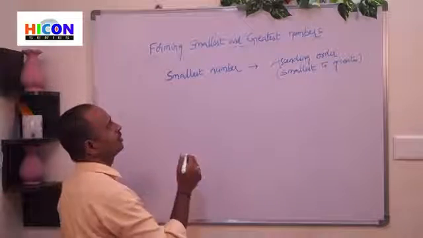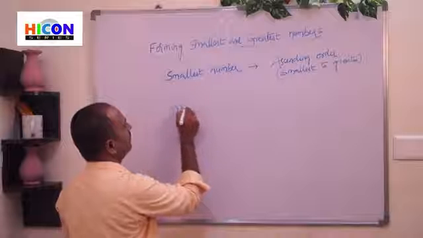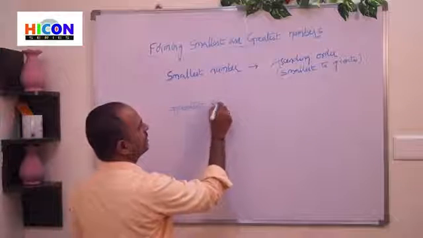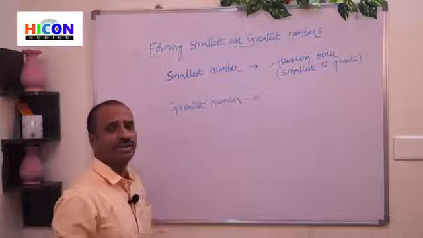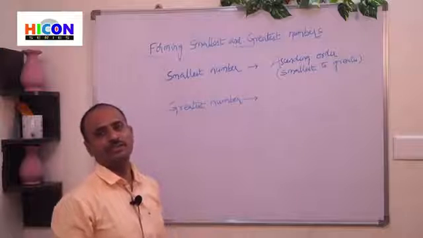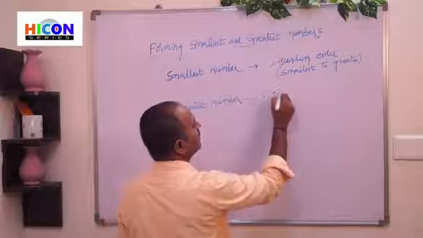And the next one is how to form the greatest number. So we can write the greatest number with the help of given digits, if we arrange the given digits from greatest to smallest. Greatest to smallest is called descending order.